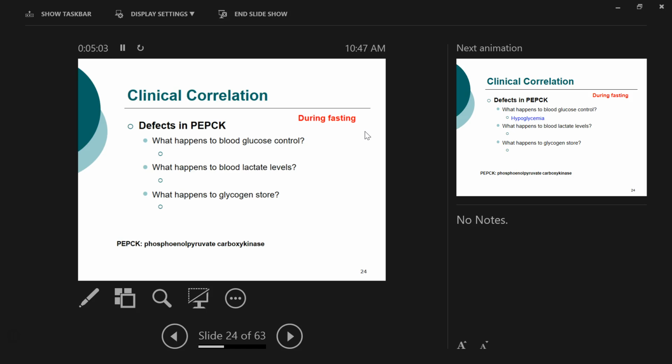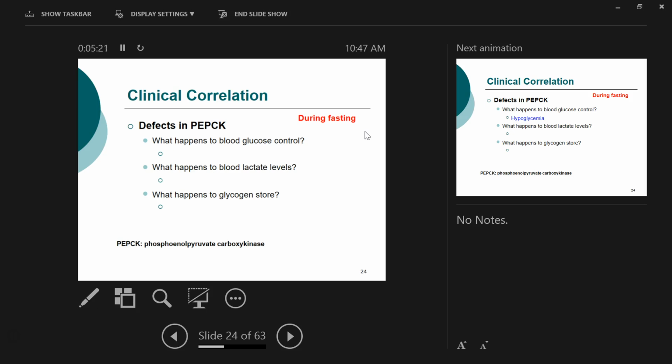But during fasting, gluconeogenesis is very important to prevent low blood glucose, or hypoglycemia.